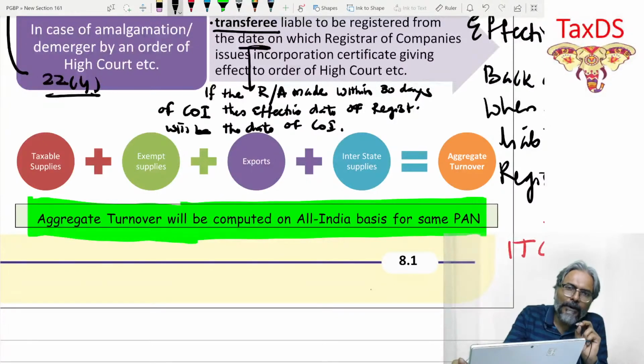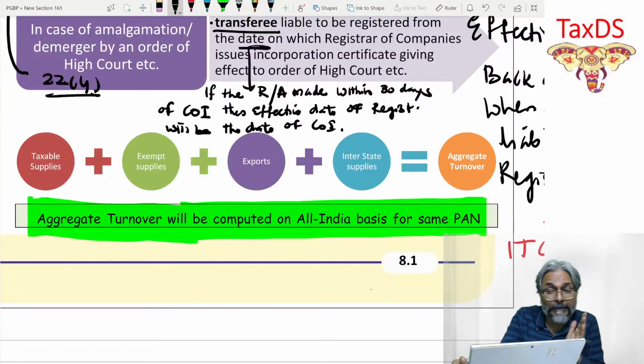So you will take all the supplies to determine the aggregate turnover, students. You will take all the supplies, whether it is a taxable supply, or an exempt supply, or an export, or an interstate supply, doesn't matter. You will take, students, what? All the supplies, so as to determine the aggregate turnover.